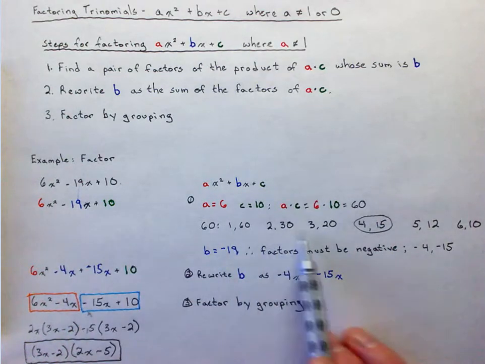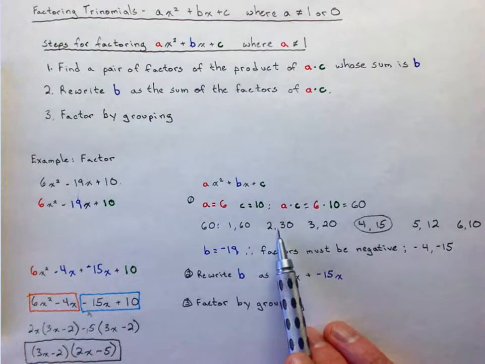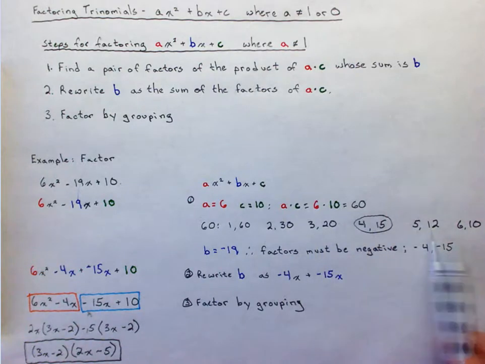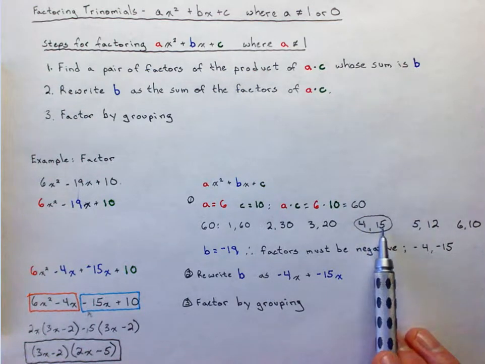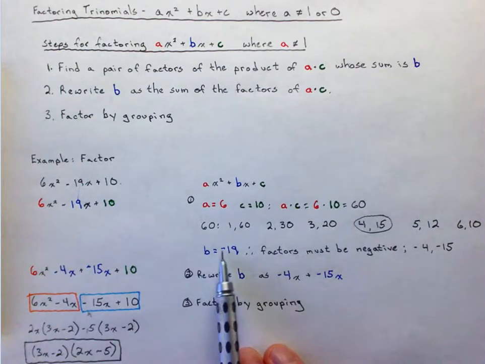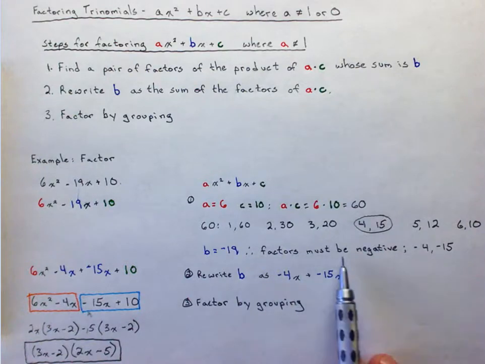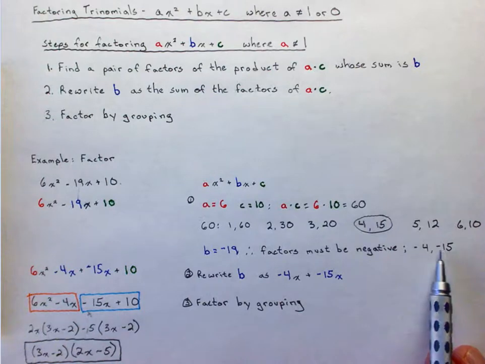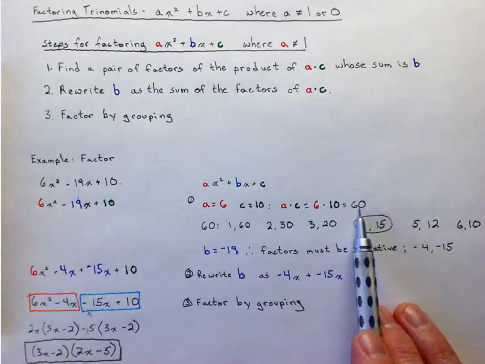Out of all of these, I could get 61, 32, 23, 19, 17, 16. This is the one, 4 and 15. But notice, b is actually a negative 19. Therefore, the factors must be negative. Negative 4 times a negative 15 is 60. Negative times a negative is a positive.